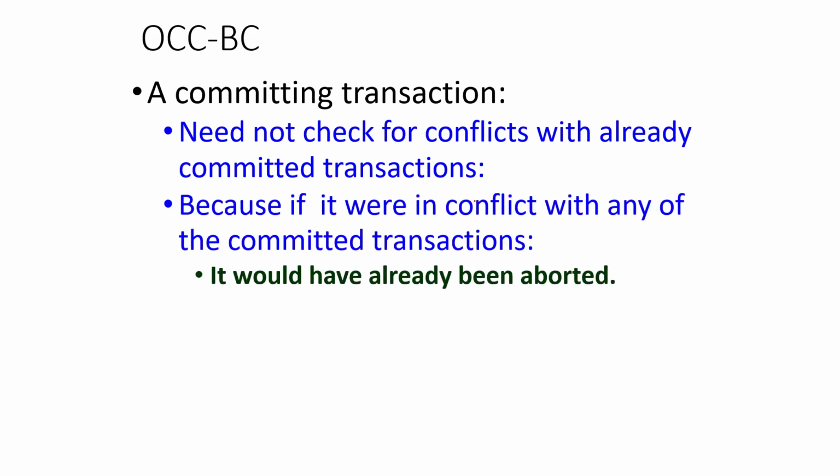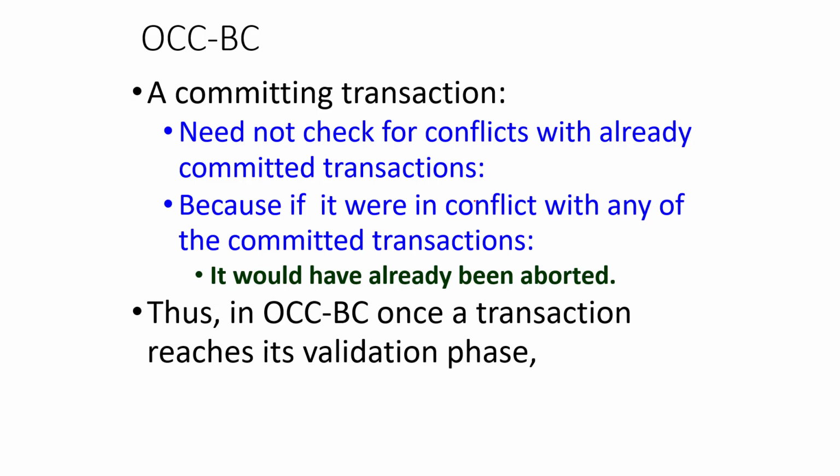So the idea is that because you are broadcasting, the moment you reach the validation phase, it is guaranteed you don't have any conflicts with anybody. So you are guaranteed commitment, right? Mind you, previously in OCC sacrifice, being in the validation phase did not guarantee that you would not be sacrificed or aborted. But in this case, once you reach the validation stage, you are guaranteed to commit.